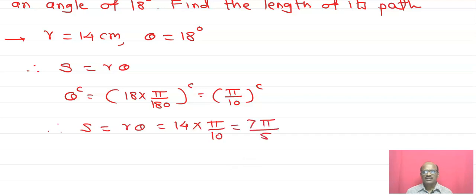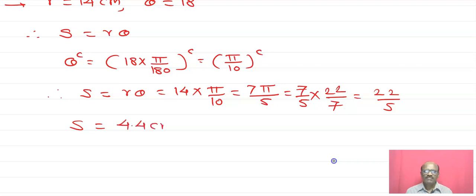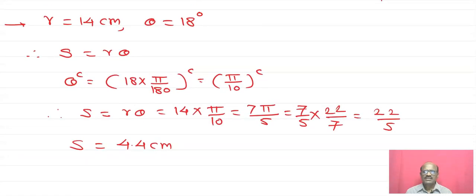Therefore, S is equal to r theta. Now substitute the values. That is 14 into pi upon 10, that is 7 upon 5 into 22 upon 7, that is equal to 22 upon 5. That is S is equal to 4.4 centimeter.